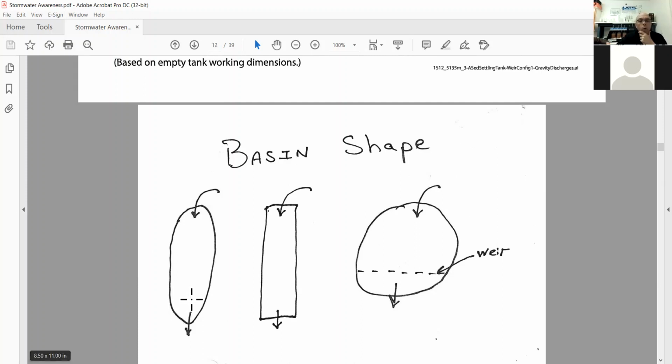You can put a weir wall across here, lower than the total height of the pond, and collect clear water out of here. The same thing with a rectangle, or if you're going to make a round pond, put a weir wall across here. We will run plumbing across here that will spread the distribution of the water into the pond so it flows equally all the way across.